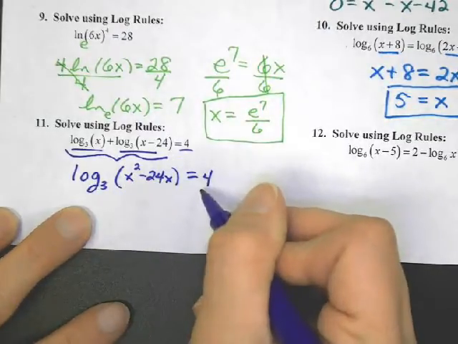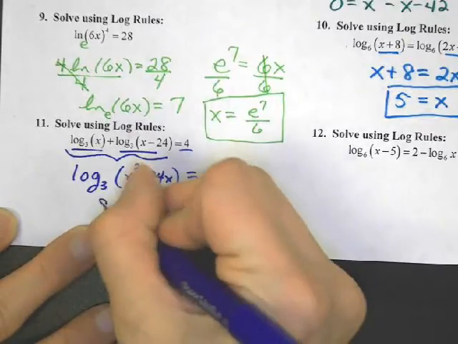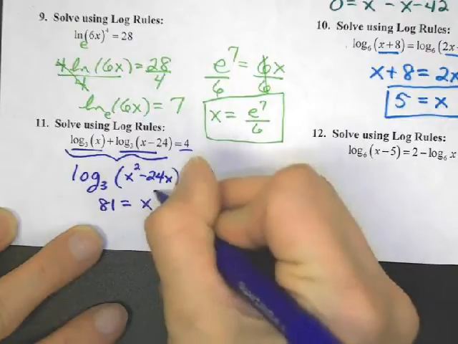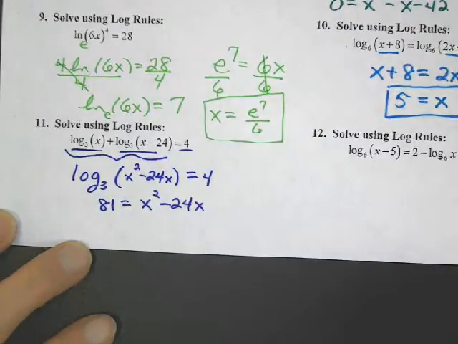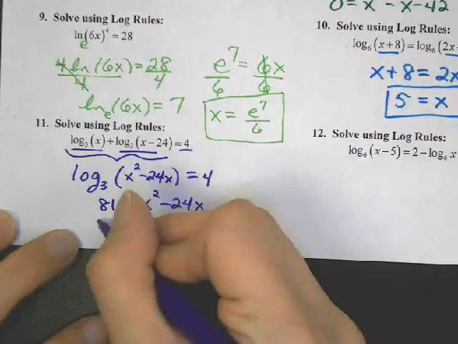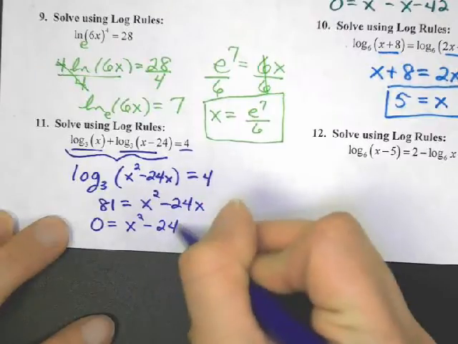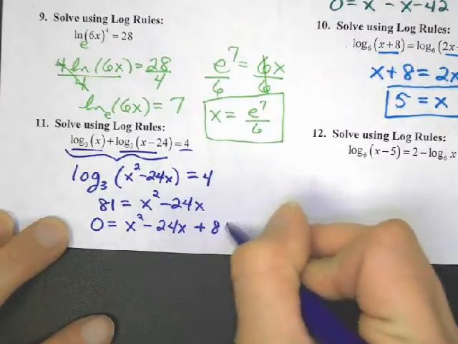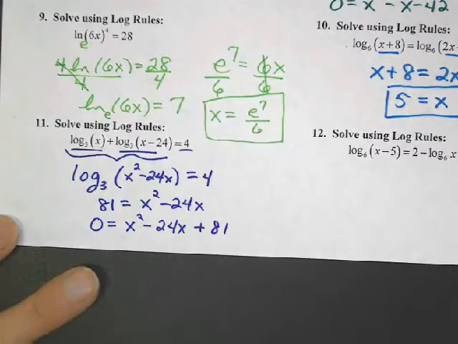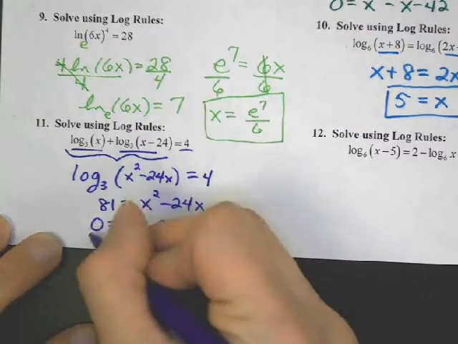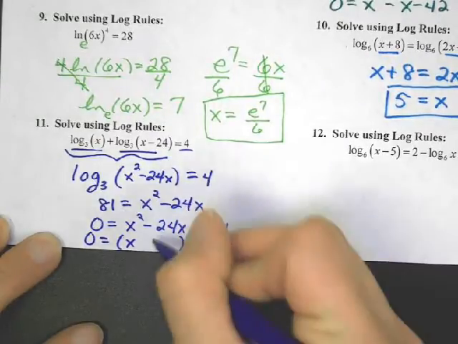3 to the power of 4 is 81 equals x squared minus 24x. 0 equals x squared minus 24x plus 81. And now we're going to have 0 equals x and x.